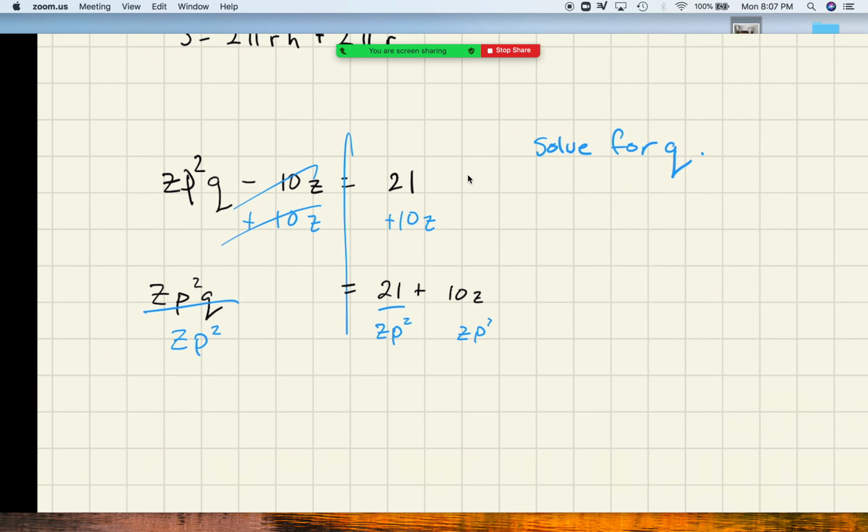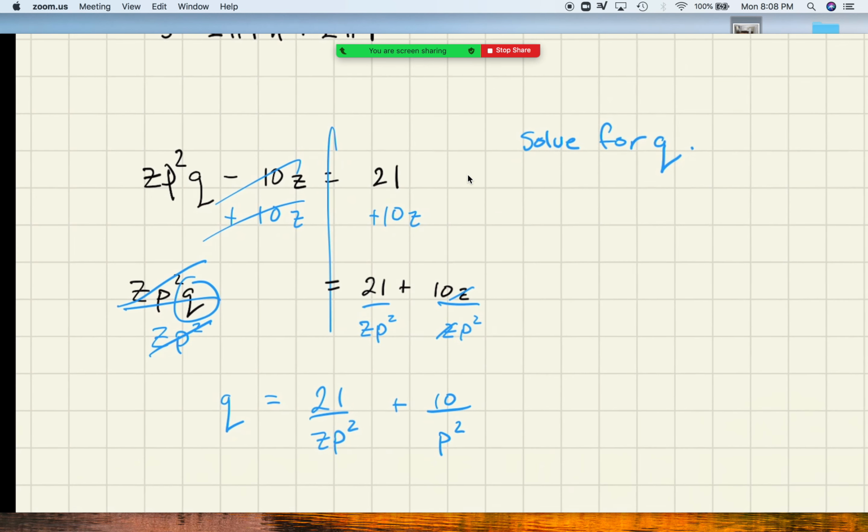So that part cancels out, leaving me with q. And then I have 21 over z p squared plus 10. Actually, these z's cancel out. So then I just have 10 and then a p squared on the bottom that stays on the bottom. That's one way you could write it.